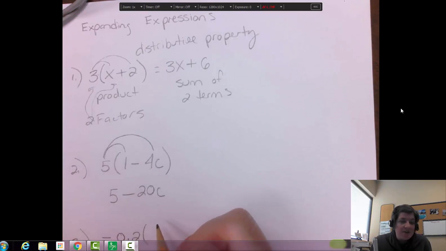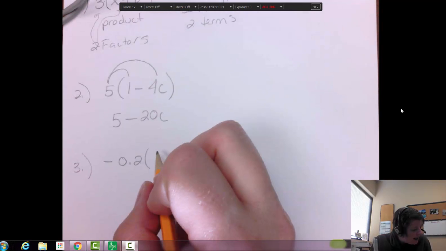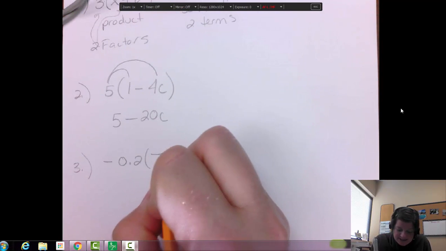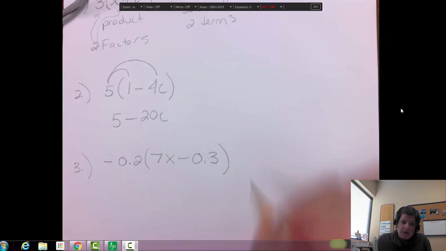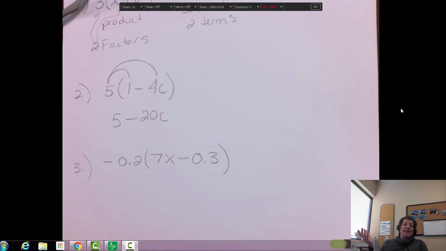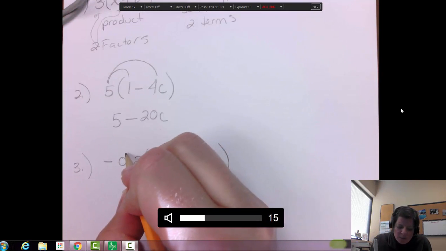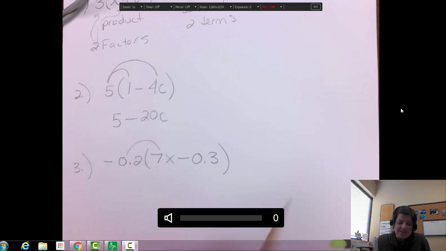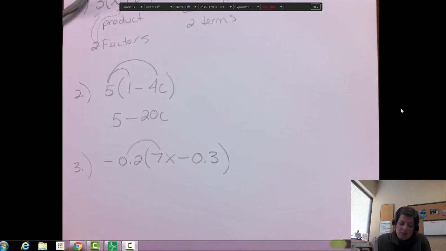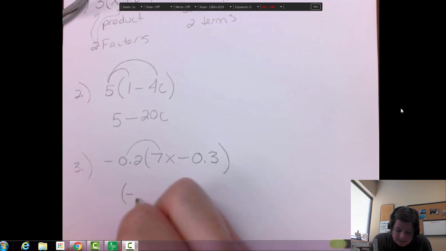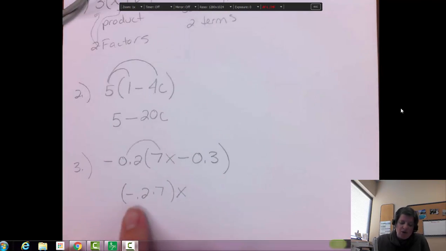What if I have negative 0.2, and I want to times that by 7x minus 0.3. Again, all we're doing is timesing it through. It's a little tricky with the negative out front, but we're going to do negative 0.2 times 7. The way they write it in the examples is like this, so don't get confused.